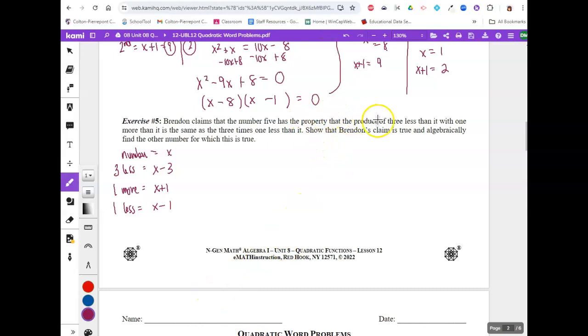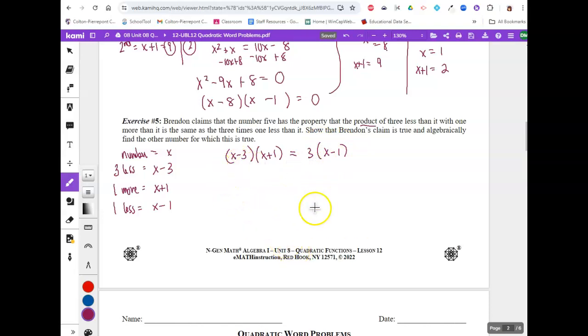All right, the product means we're going to multiply 3 less than the number, that would be x minus 3, with 1 more than the number, which would be x plus 1. It is the same as, which means equals, 3 times 1 less than the number. 1 less than the number is x minus 1. So we need parentheses because we're going to multiply that by 3.